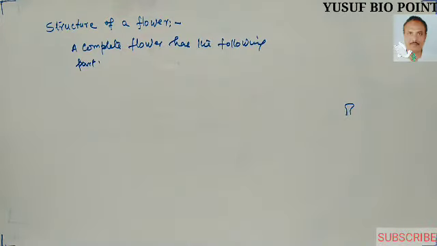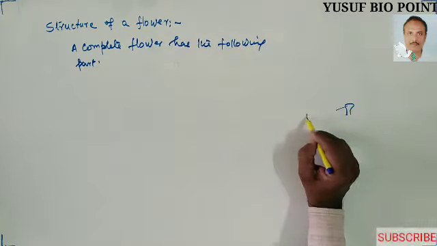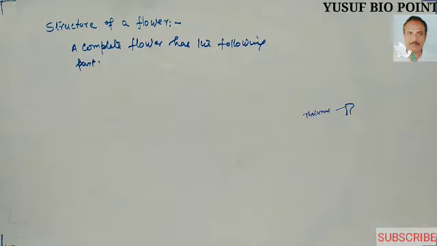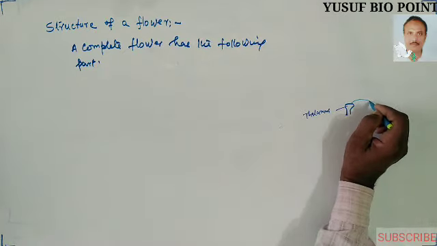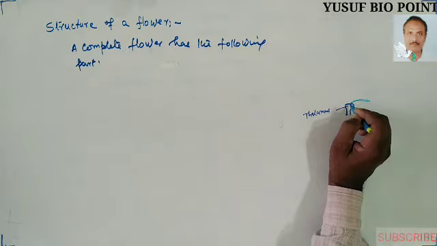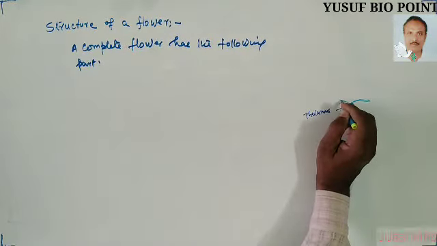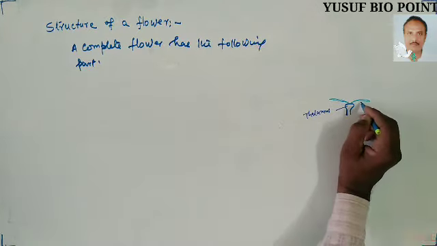This is the lowest part, and it is called thalamus, on which these are sepals.